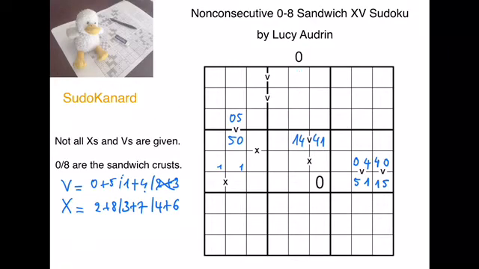What about this sandwich? We know that 0 and 8 must be adjacent. 0 can't be here, so it could still be 8 and 0, or they could be both in those cells, forbidding 0 from those cells.